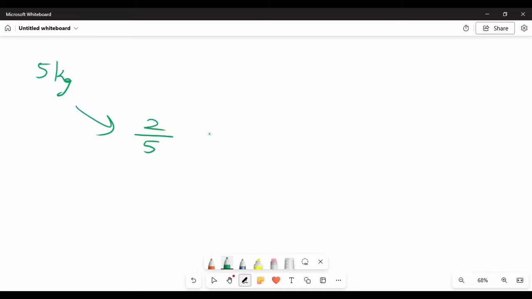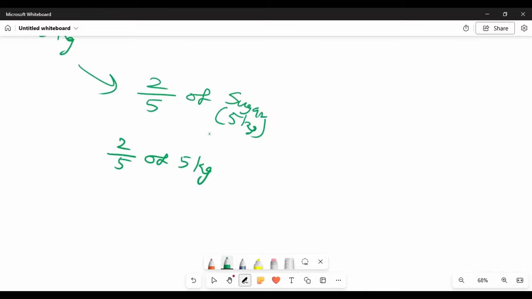So it's going to be 2/5 of the sugar we have. The sugar we have is technically 5 kilograms. So I can write this as 2 over 5 of 5 kilograms. Do you all agree with this? The meaning of this is simply that we take it as multiplication.